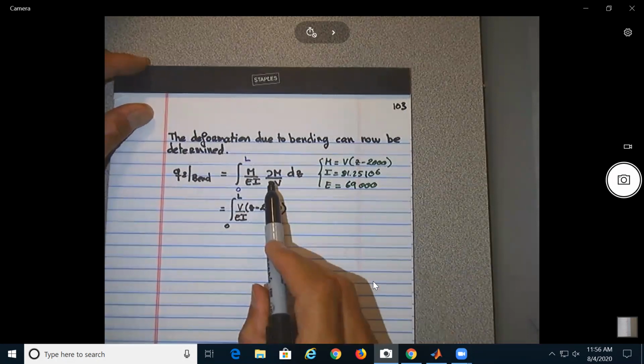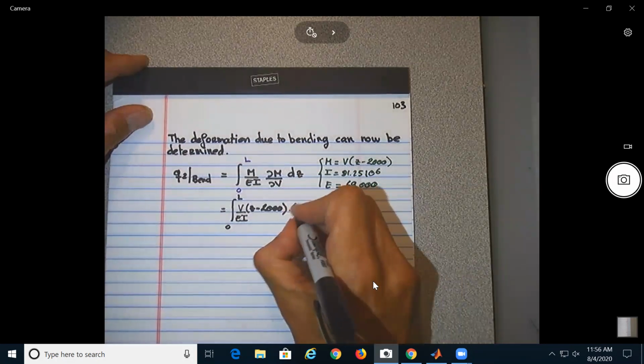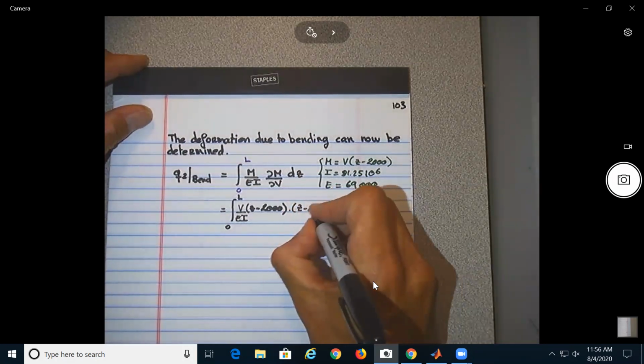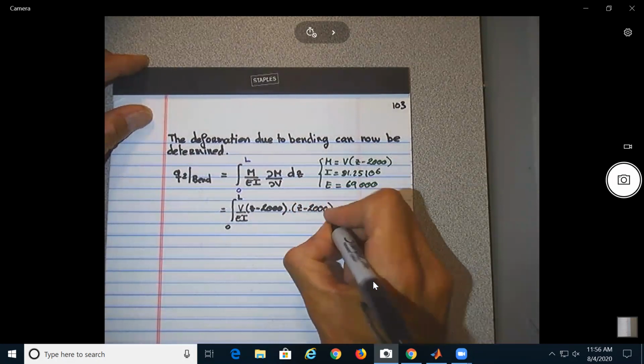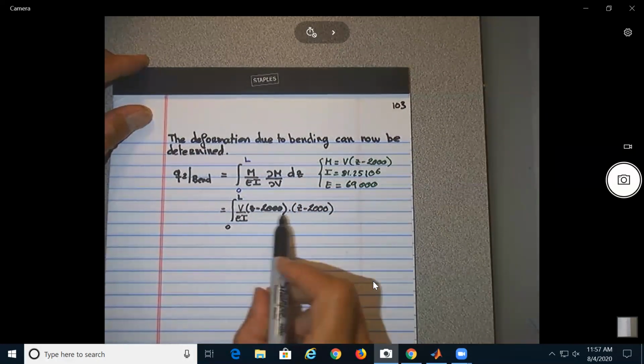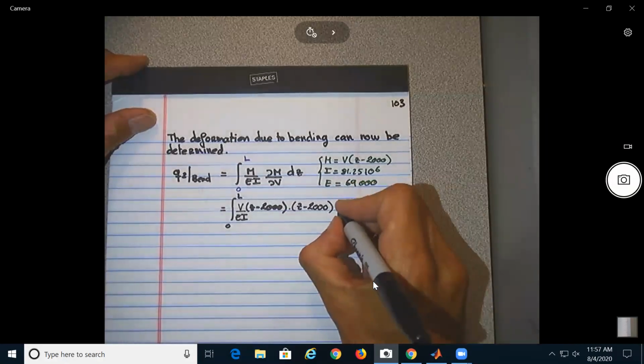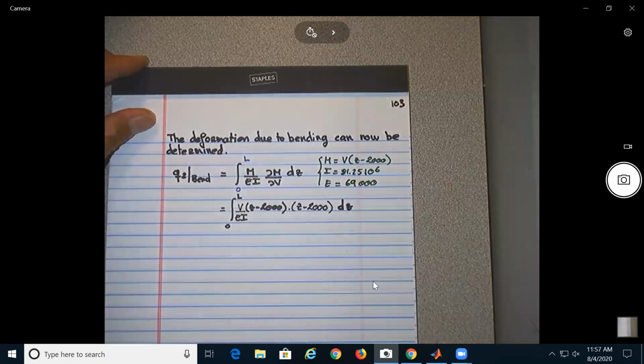Now, what would be the partial of M with respect to V? The V will disappear, no? So we just have Z minus 2000, no? Divided by EI, and now we need to integrate this with respect to Z.